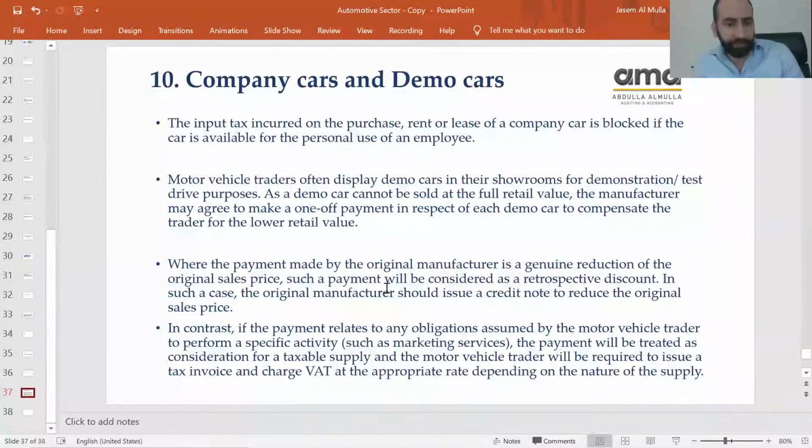In contrast, if the payment relates to any obligation assumed by the motor vehicle trader to perform a specified activity, the payment will be treated as consideration for a taxable supply, and the motor vehicle trader will be required to issue a tax invoice and charge VAT at the appropriate rate, depending on the nature of the supply.